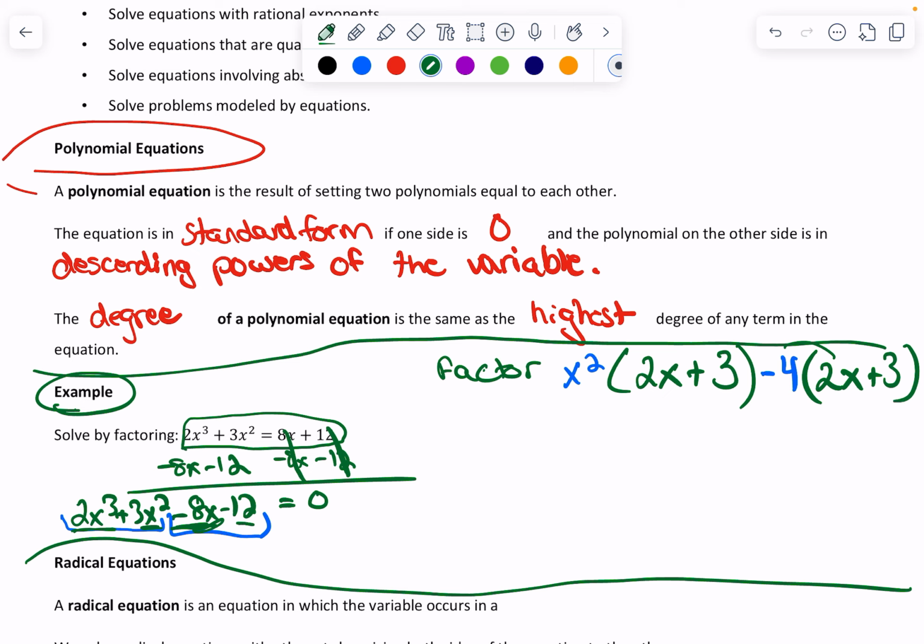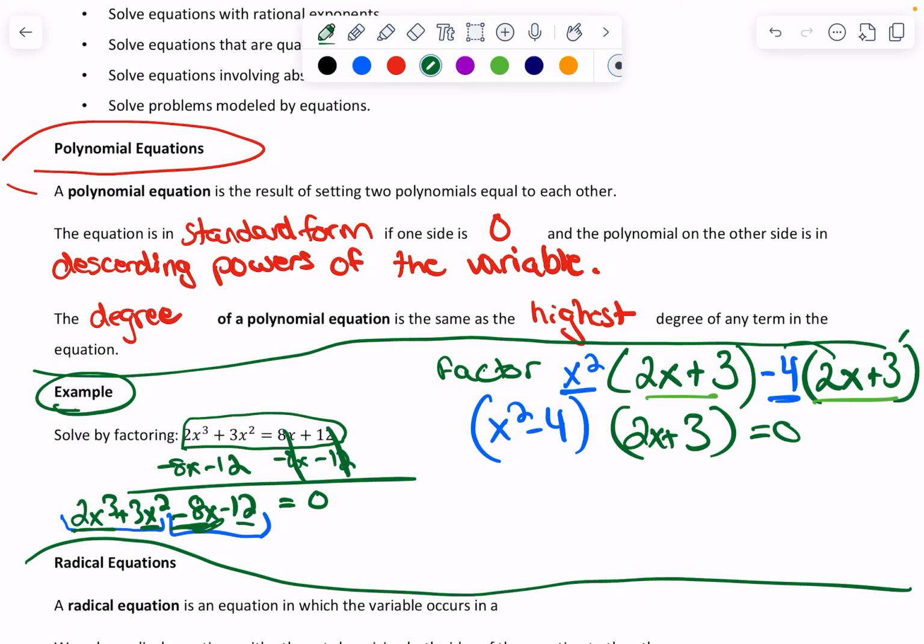Now, if we look at these two, we have a 2x plus 3 and a 2x plus 3 here. So those factors are the same. What we can do is continue the factoring. X squared minus 4 is going to be one of the factors, and the other one is going to be the 2x plus 3. And this should be set equal to 0 as well.